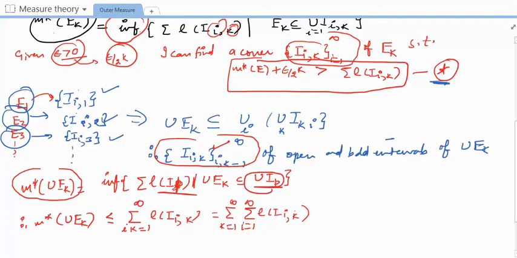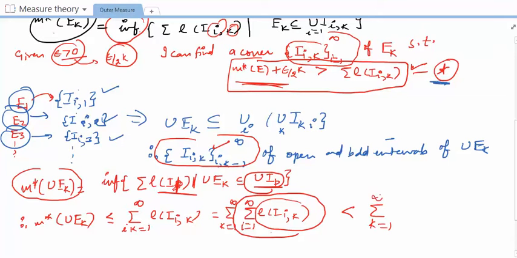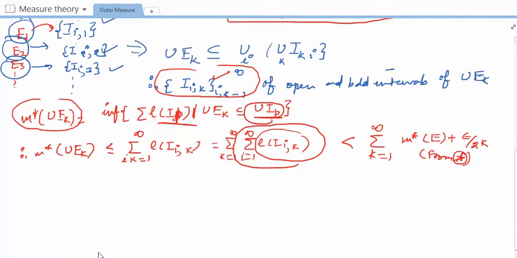Now for this L of Iik, the summation over i from 1 to infinity, by star, this quantity is less than this thing. So I am writing it as the summation over k from 1 to infinity of m star of ek plus epsilon by 2 raised to power k. This is from star. So what do we have now?